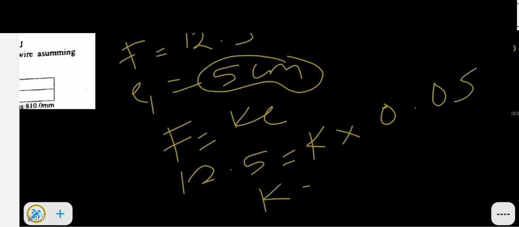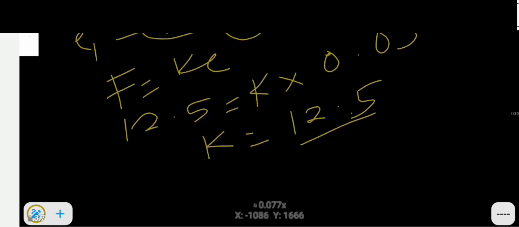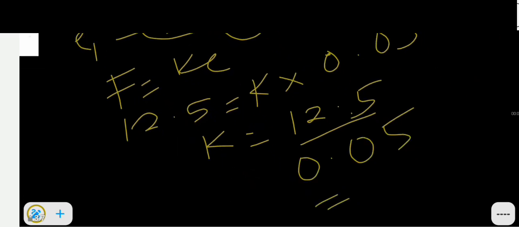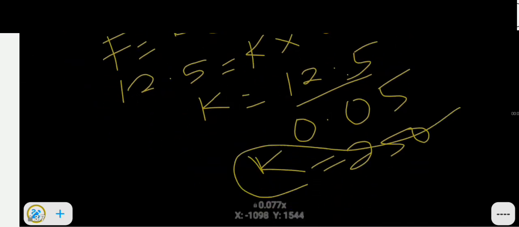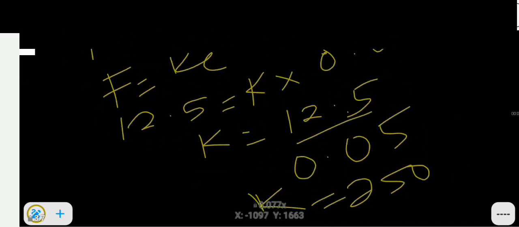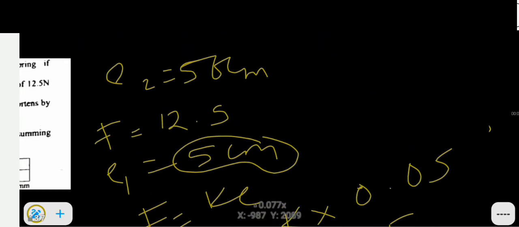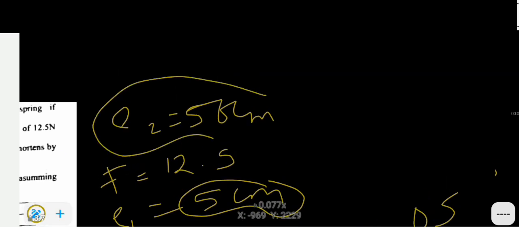So my K will be 12.5 divided by 0.05. If you divide this, you're going to get 250. So the value of K is 250. And don't forget, K is a constant. So use this value of K to find the work done produced from this extension of 50 cm.